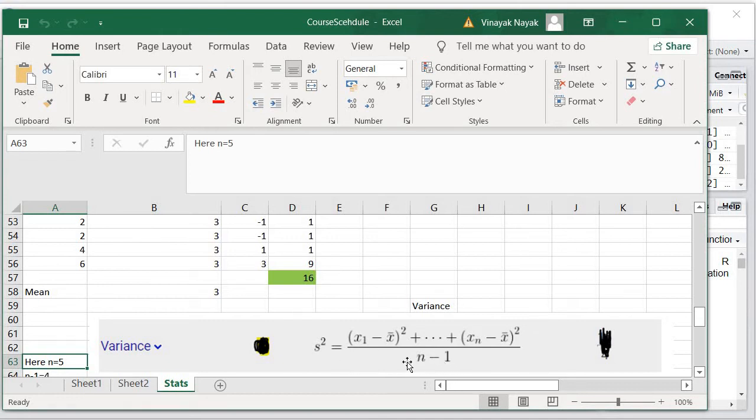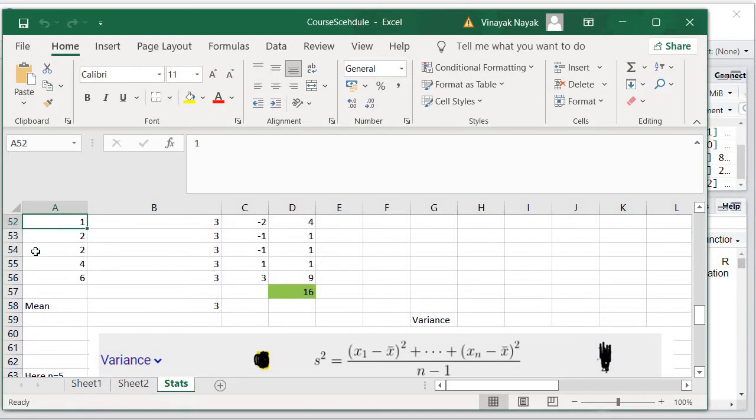Now n is again the count of the numbers. So when you are calculating for a sample, you will have to divide by n minus 1, and when you are finding the variance for a population, it will be n. So let us first find the variance for a sample.